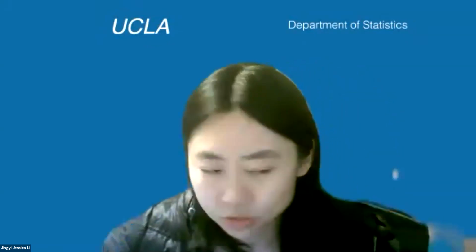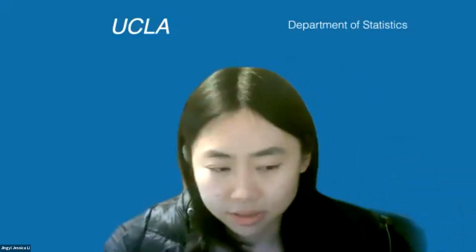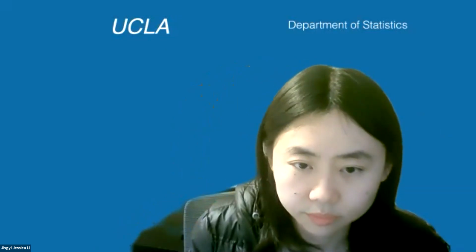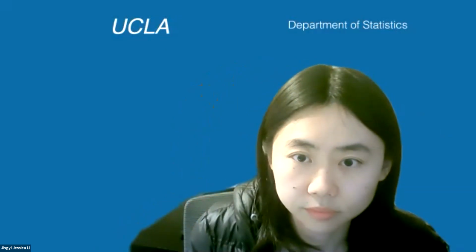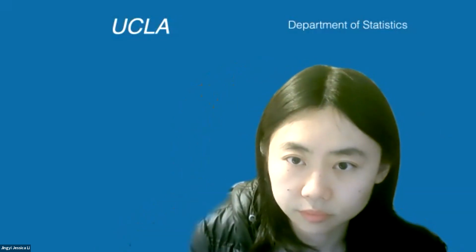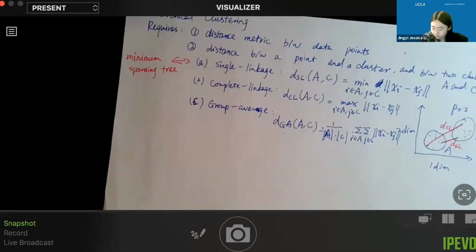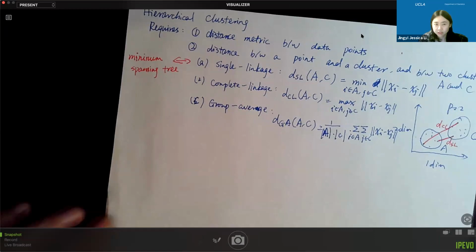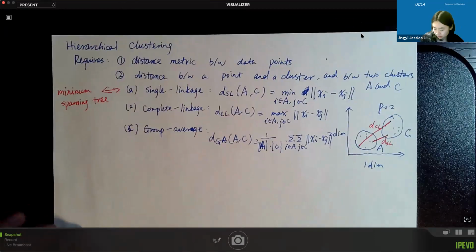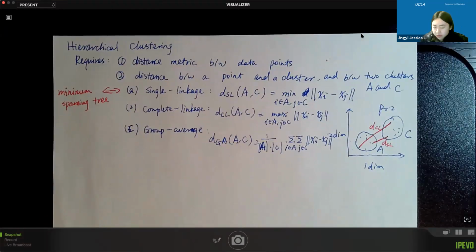All right. So let's come back to our lecture, hierarchical clustering. This is where we stopped last time. As a recap, hierarchical clustering is an agglomerative clustering.